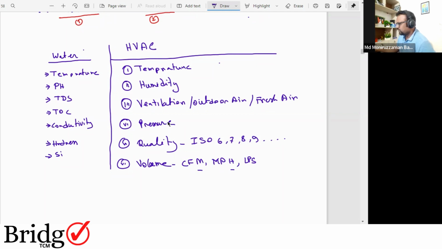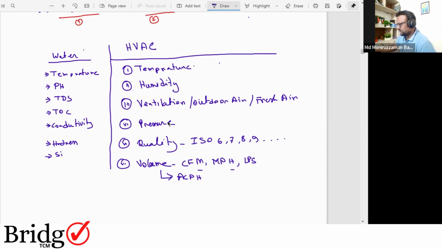And by doing so, we are actually controlling ACPH, air change per hour. So how many times the air of your room will go through the AHU or FCU and come back to your room. That is important.